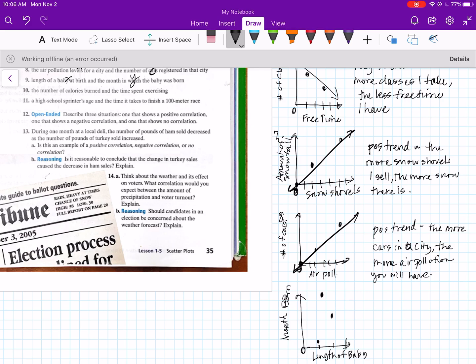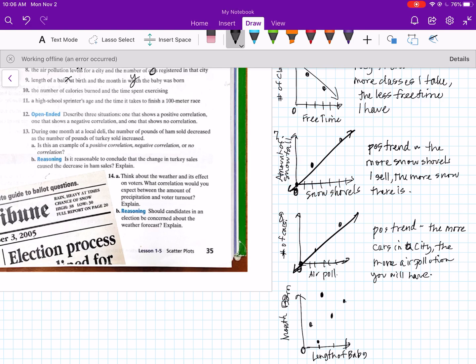This baby was a really long baby, 21 inches. That was my kids, I think. And they were born in November. And then there was another baby who was a little premature. They were born with only 16 inches length. They were a tiny little pumpkin when they were born. And then they were born in March.